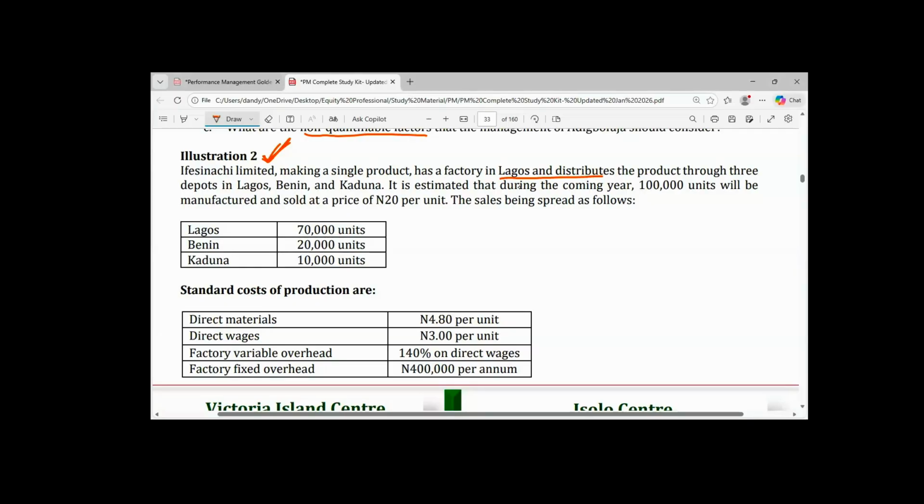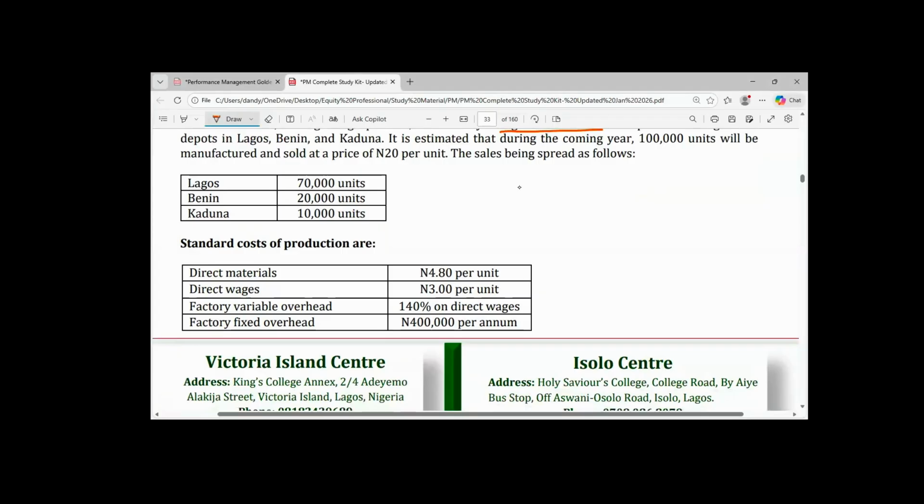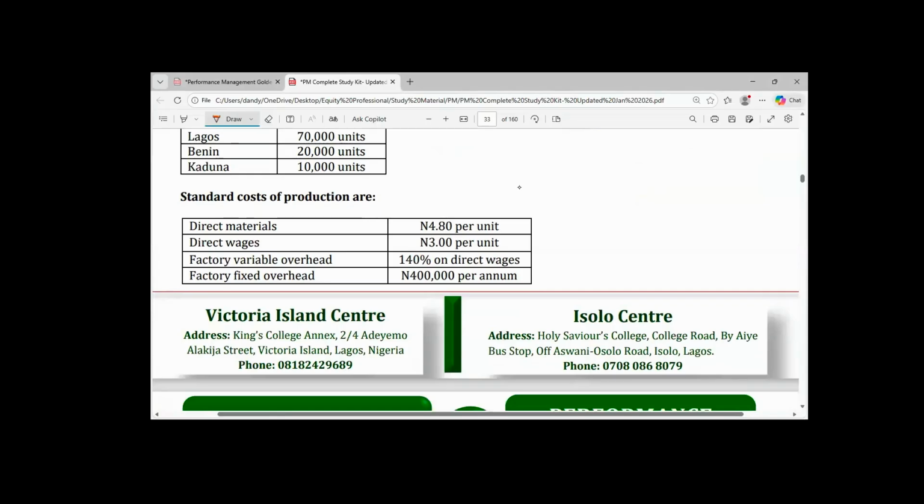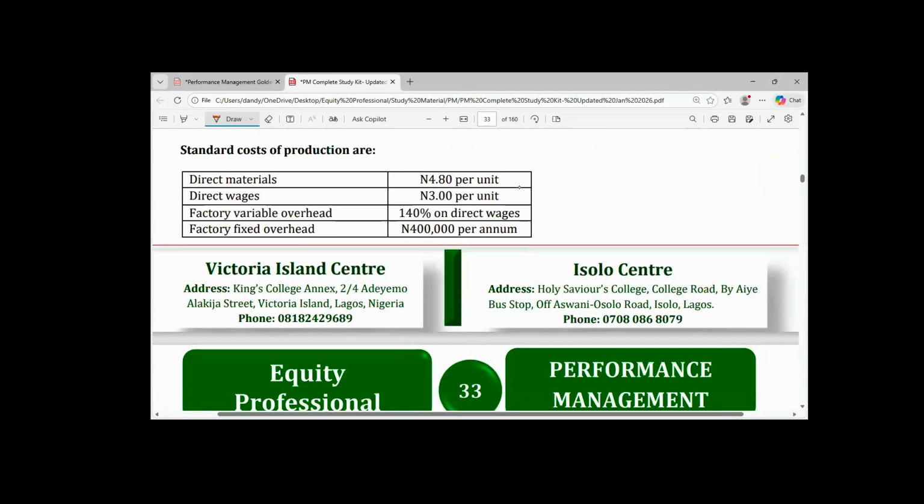The sales being spread as follows: Lagos 70,000 units, Benin 20,000 units, Kaduna 10,000 units. Standard cost of production are direct materials 4.8 naira per unit, direct wages 3 naira per unit, factory variable overhead 140% on direct wages, factory fixed overhead 400,000 naira per annum.